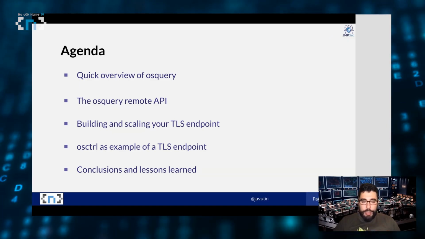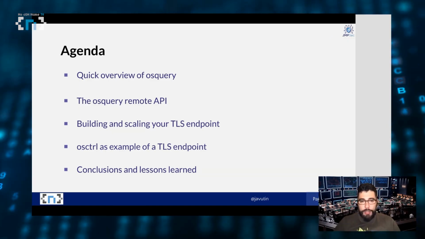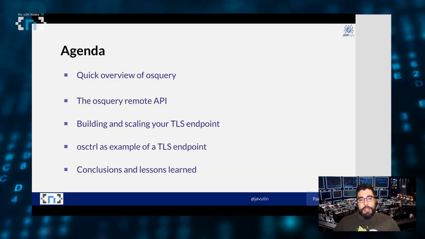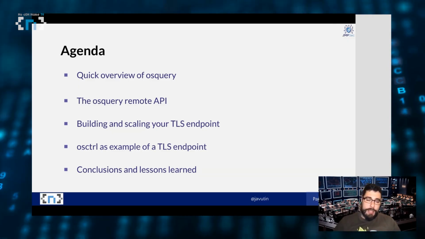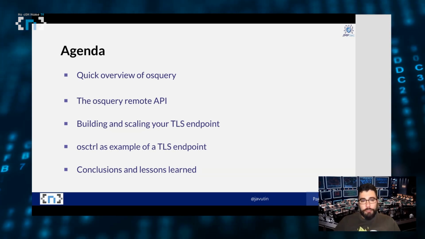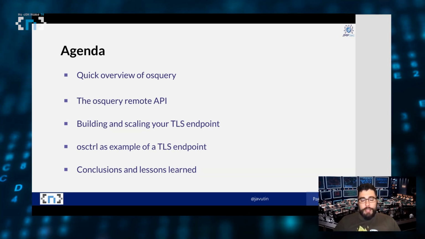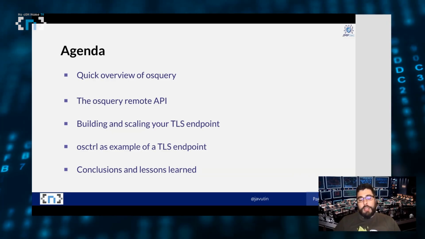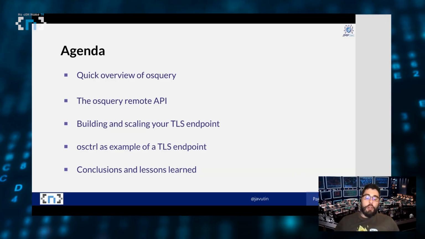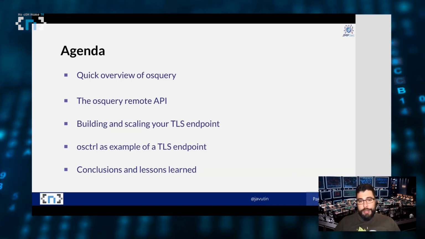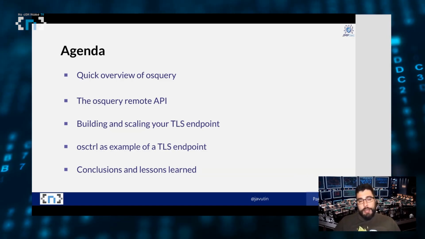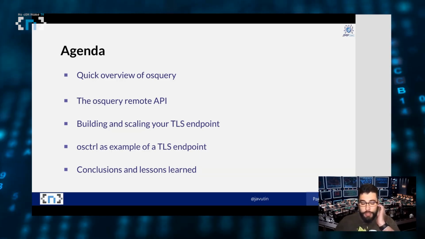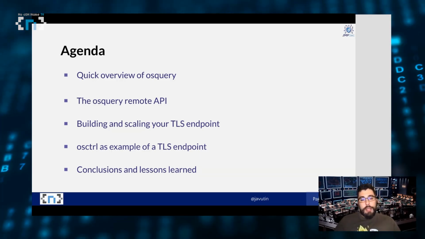If you really need to catch up on osquery, I suggest going to those, because I won't be going into many details about osquery itself. I want to focus on the osquery remote API, which is what we are going to use for building a TLS endpoint, the part of the infrastructure where we collect the logs of osquery, distribute configuration, and do other forms of fleet management.